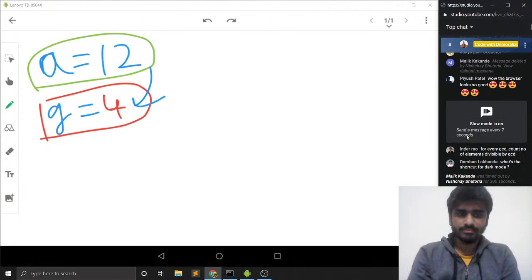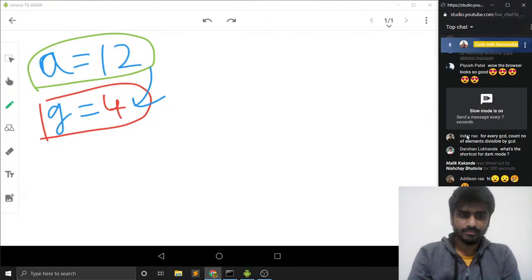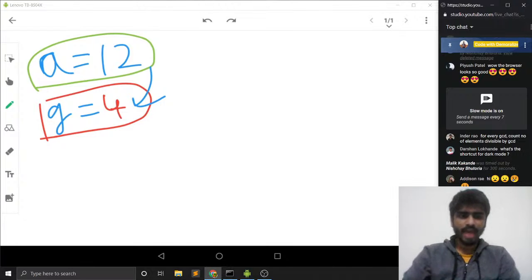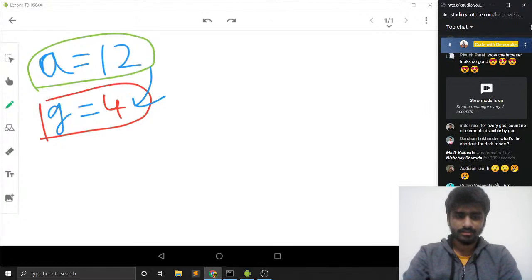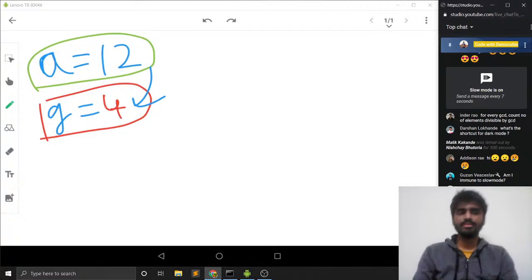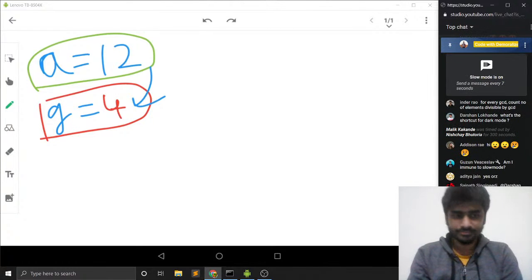I don't know if anyone is immune to slow mode. Let me see if I am immune to slow mode. Okay, at least I am immune to slow mode, so that's a nice thing.